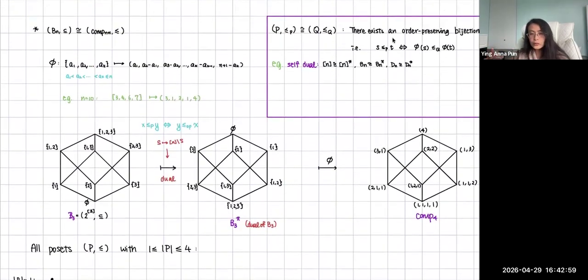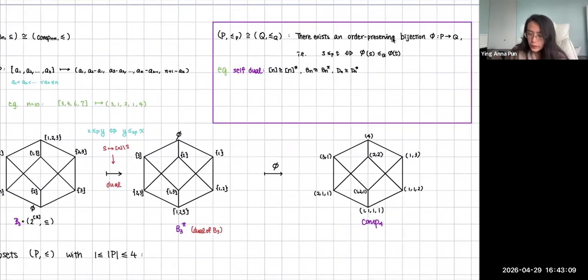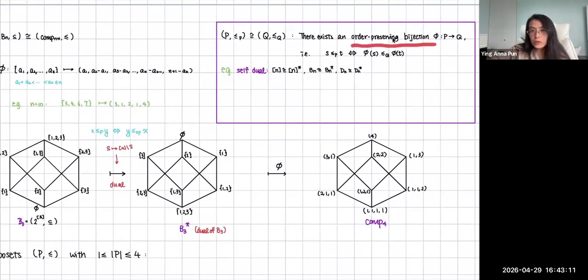Anyway, but how do you actually prove something is the same if I don't draw out the Hasse diagram? In mathematical terms, what does that even mean? Well, you have to find an order-preserving bijection. Meaning that if you have these two sets and you want to say that they are isomorphic as posets, what you have to do is say, okay, choose two things here.